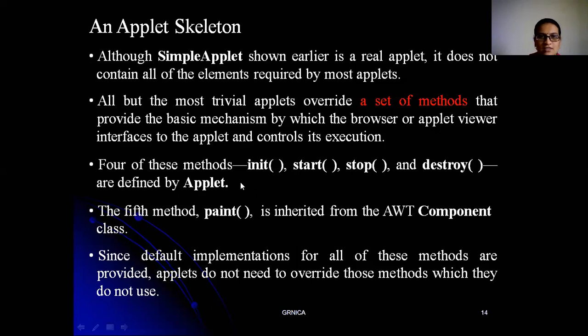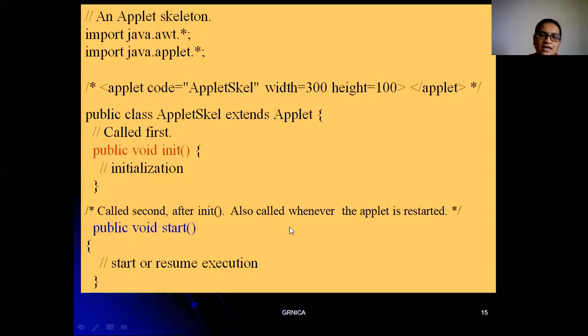Let us discuss it with the program. Here is an applet skeleton. AWT and applet classes are included to generate a window and to inherit the applet class. Here we have put the applet code in a comment line, where applet skel is the file name and the class name extends the applet class.